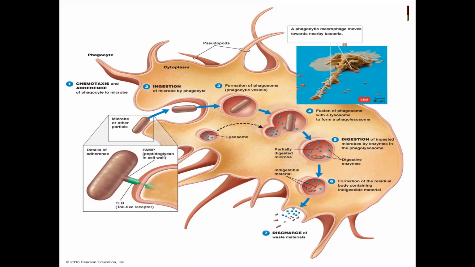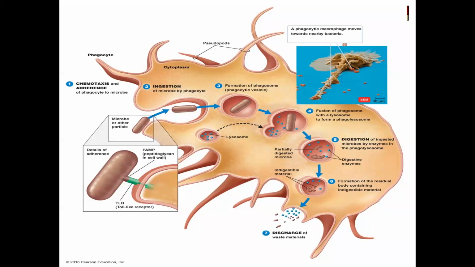So the foreign cell, usually a bacterial cell, will then be digested by the enzymes found in the lysosome, and any residual material, like indigestible polysaccharides, just gets discharged through the process of exocytosis. So that is phagocytosis as a whole.